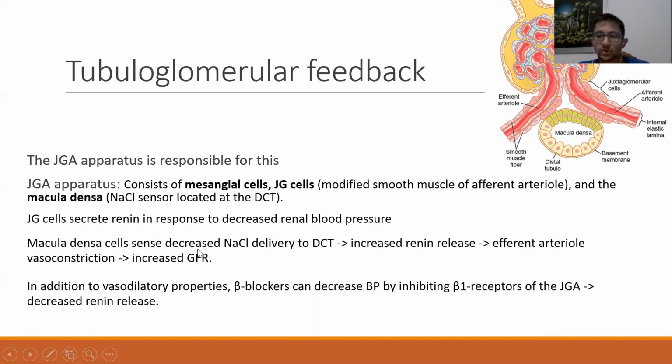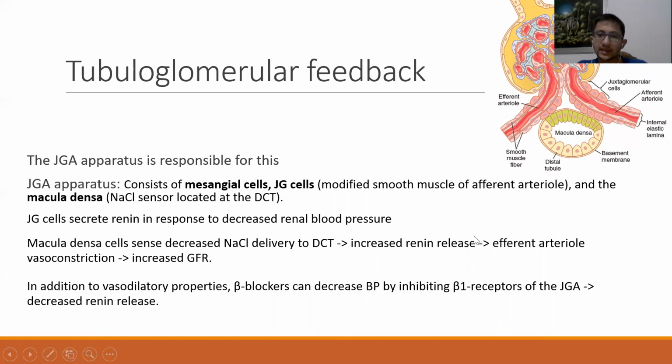If you go over a short flow chart over here, the macula densa cells sense the decreased sodium chloride delivery to the distal convoluted tubule, which is here.